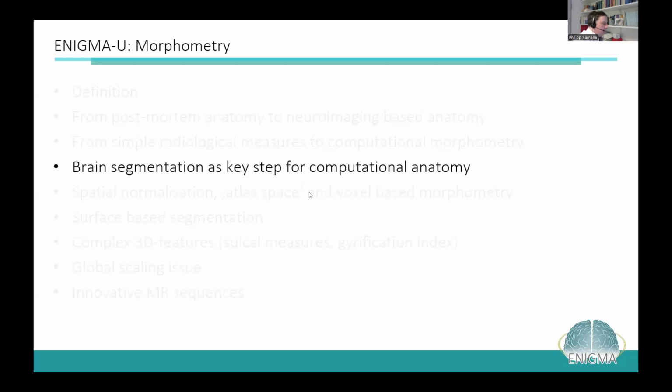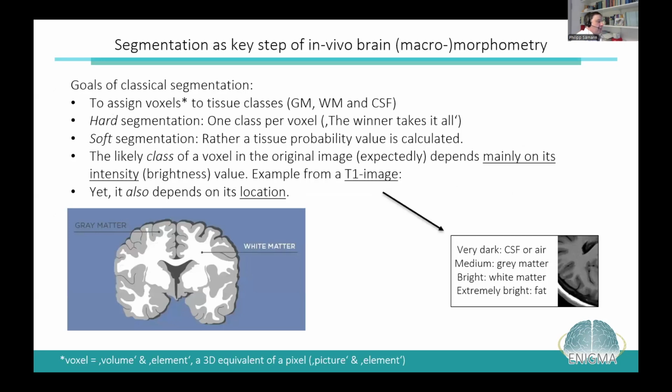Now, in this next chapter, I would like to explain why brain segmentation is a key step for computational anatomy. As you've seen in the postmortem brain specimen, it's obvious that there are at least three microscopically detectable tissue classes.